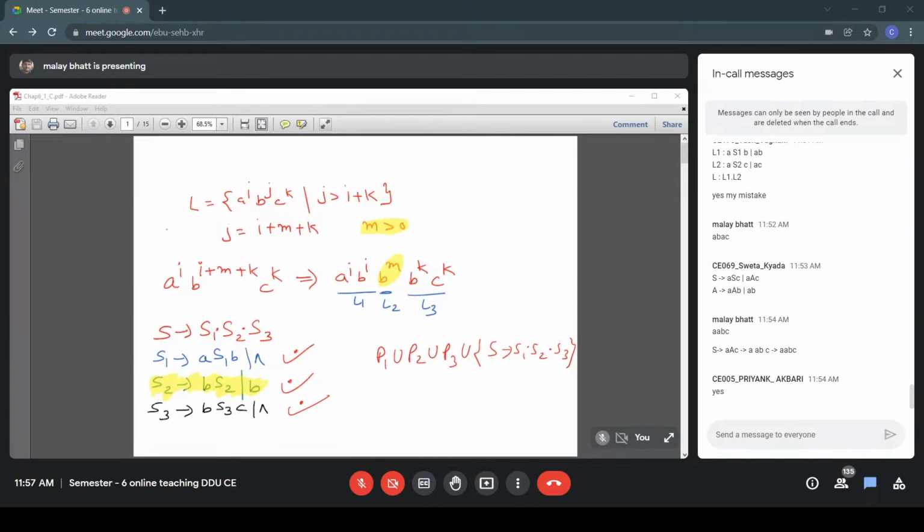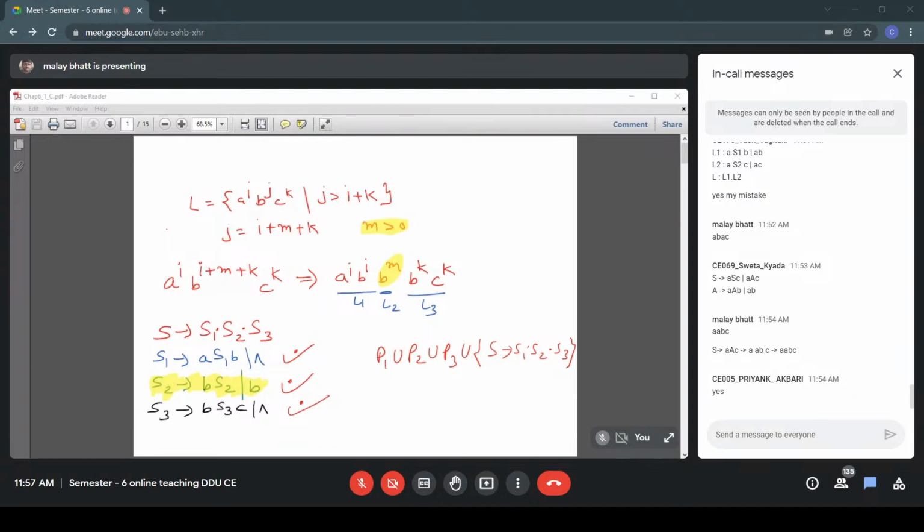Similarly, for the L3 language, we'll write B S3 C or null, because we are assuming that K can be greater than or equal to 0.